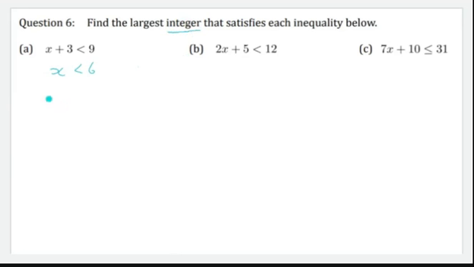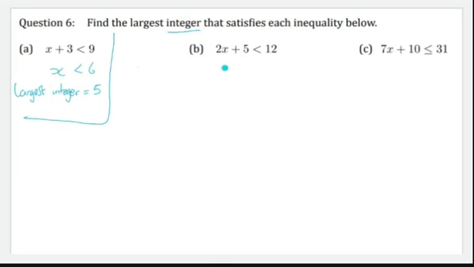A whole number. Whole number, yes. So any whole number, positive, negative, and 0. X is less than 6. So do you know what the largest integer would be then? 5. Yes. I'm glad you stopped yourself from saying 6. So yeah, largest integer is 5. That's it.